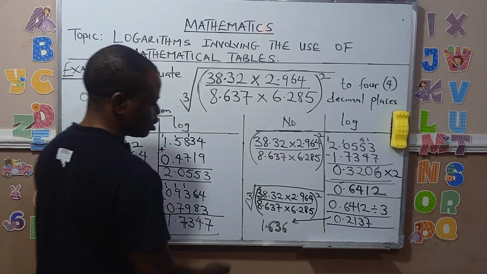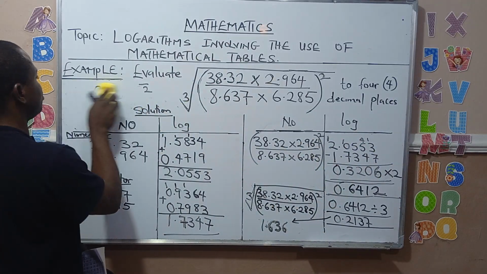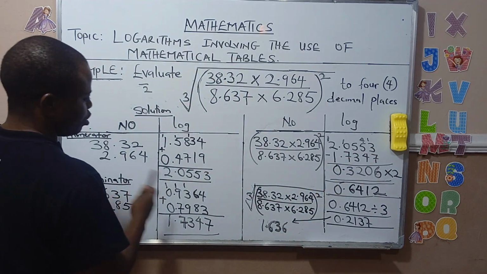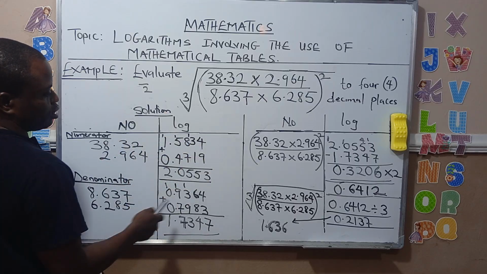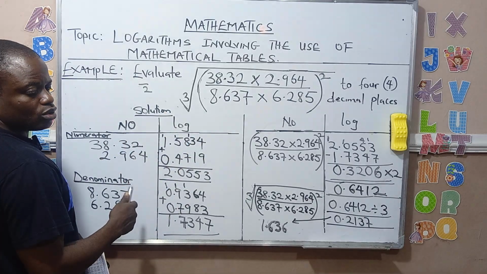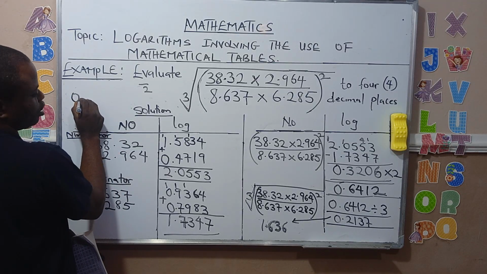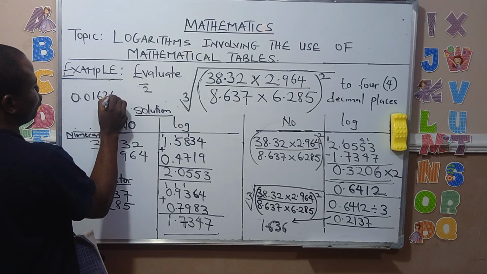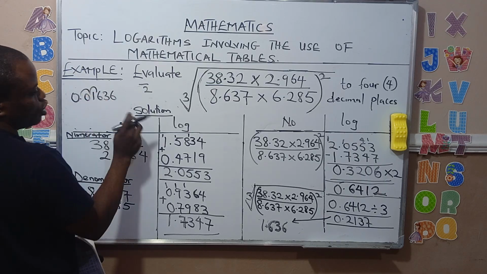Let me say you're having bar 2. What you are going to add to 1636 in the case of bar 2, you must be able to shift to the right twice. Let's say we have 0.01636 for bar 2, because it will now be shifting twice, 1, 2, to give you your bar 2.